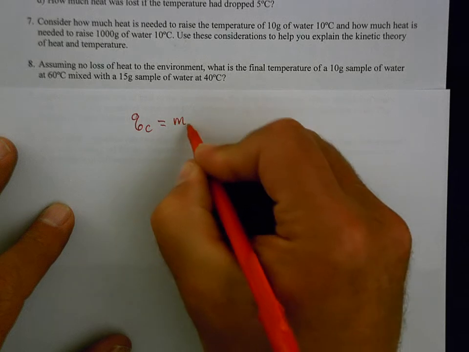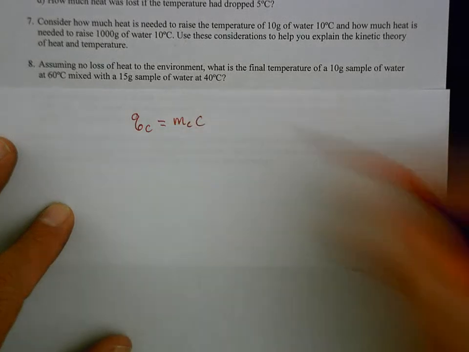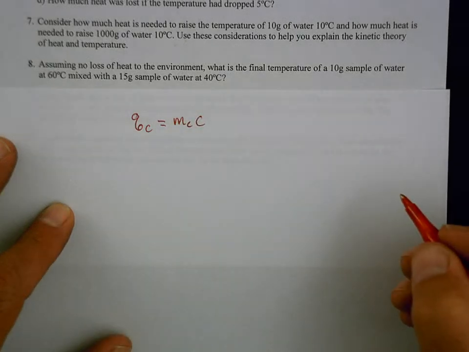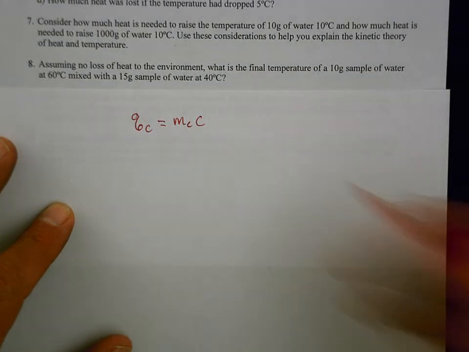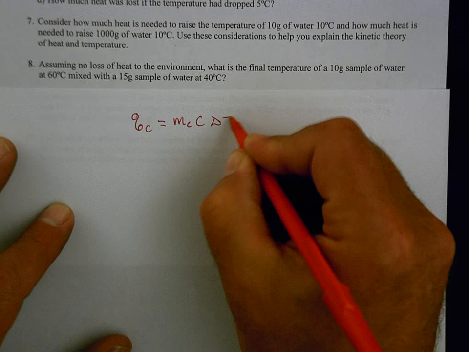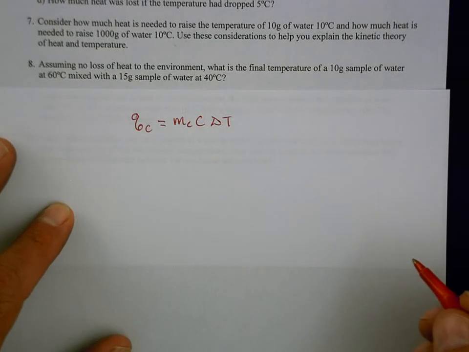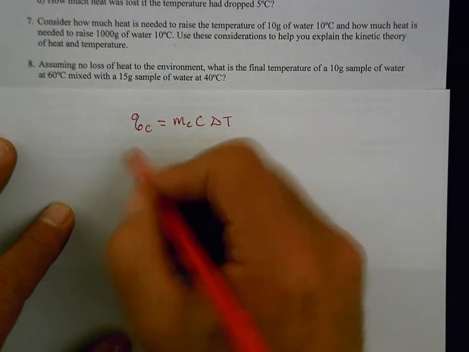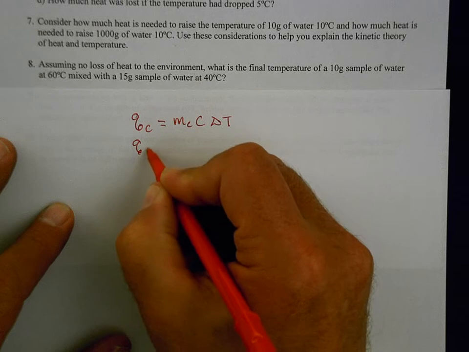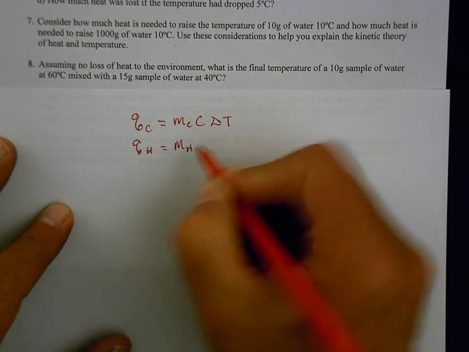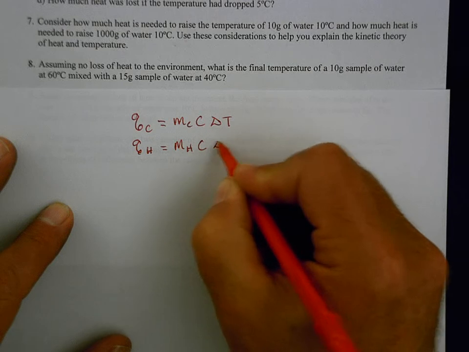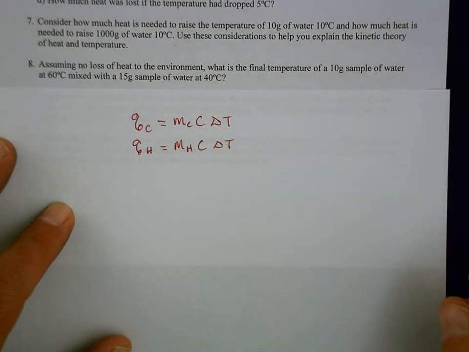Okay? It's going to get warmer. Isn't that what happens when I have cold water and I put hot water in it? It's going to warm up. I have hot water. When I mix it with cold water, it's going to cool off.